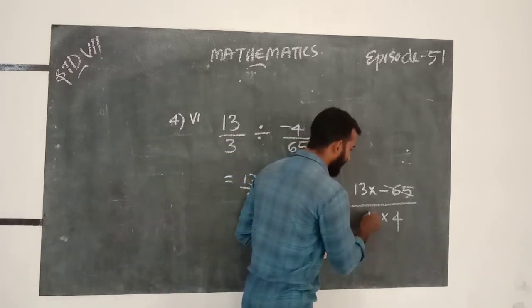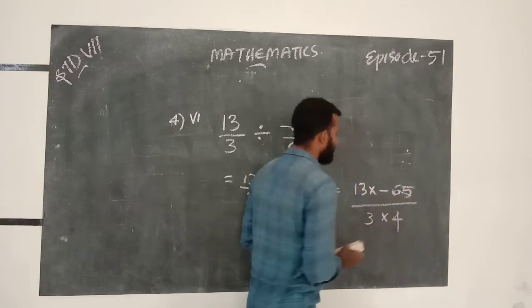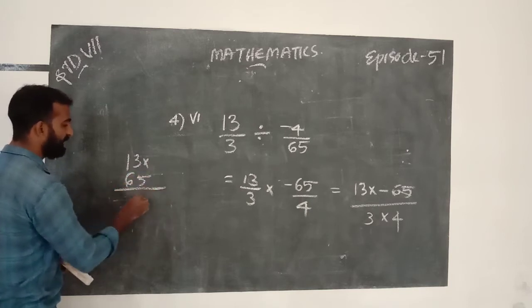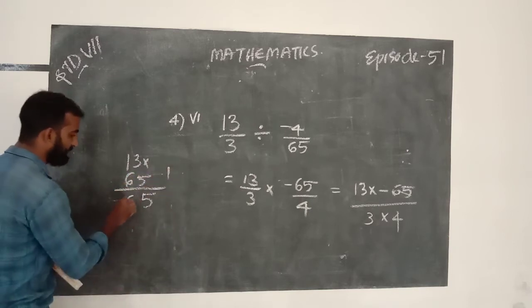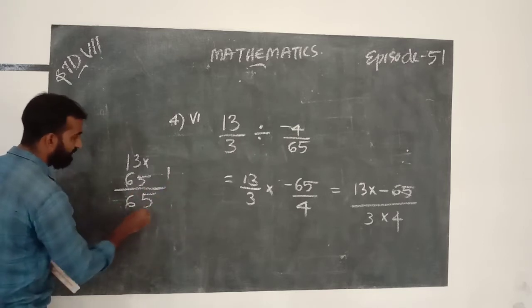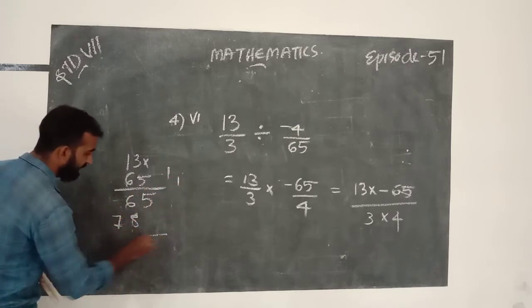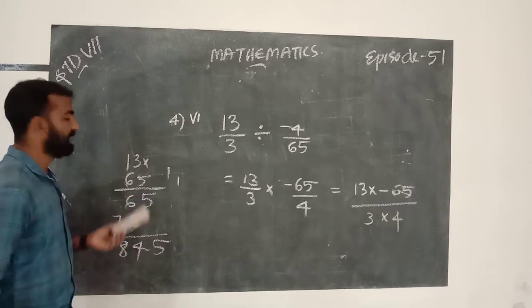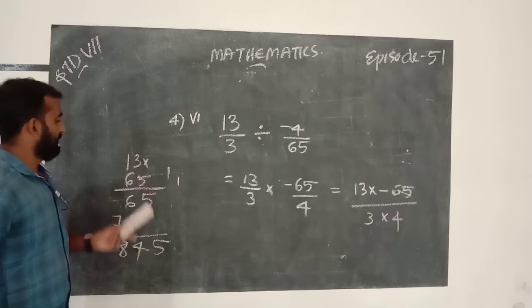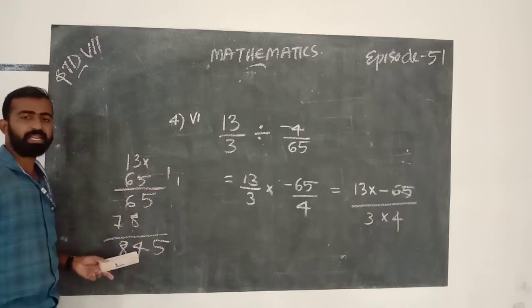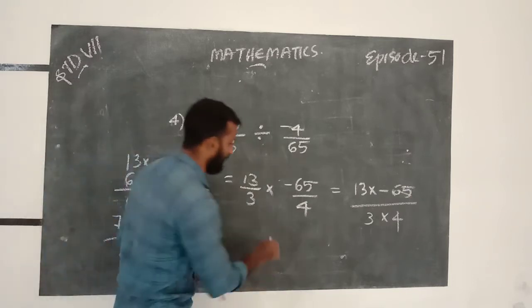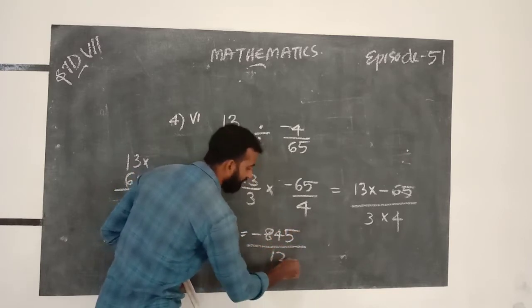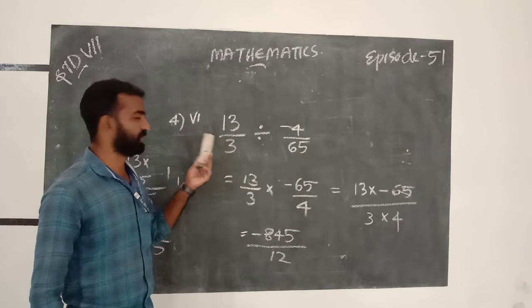So we take the answer as 13 into 65, which is 845. That is, we get negative 845 divided by 12. This is the answer for this question.